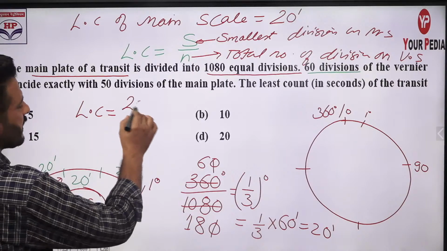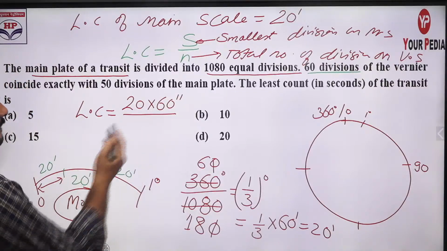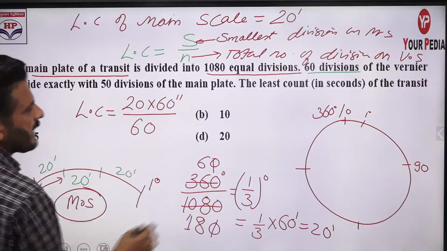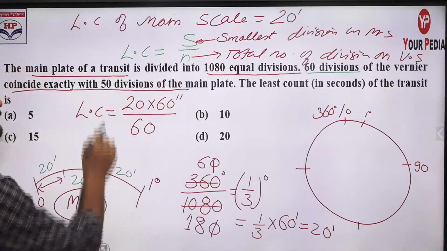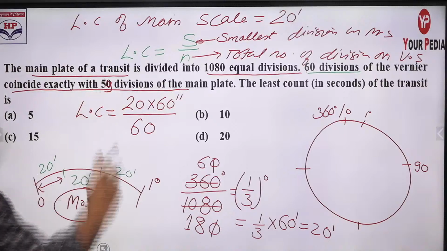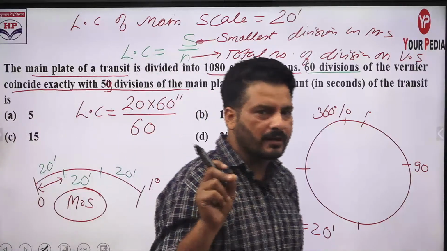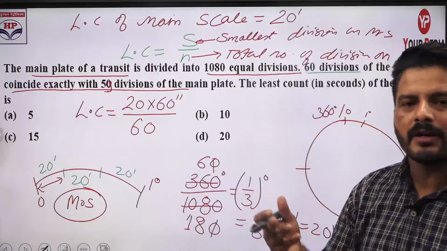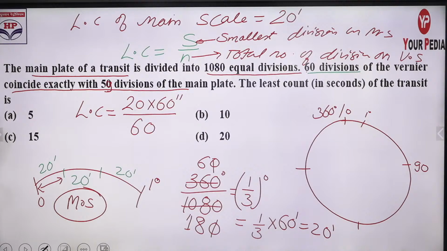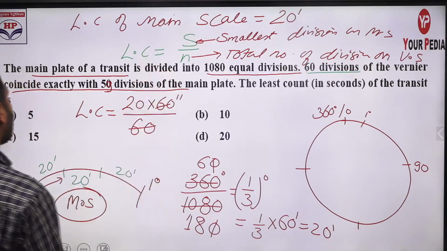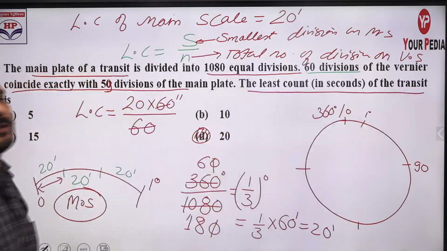It is 20 minutes, and you know very well 1 minute is 60 seconds. In 1 minute we have 60 seconds, divided by 60, because here N is 60. These 60 divisions of the vernier coincide exactly with 59 divisions. This is basically a printing error, guys. 59 divisions of the main plate, although this is kind of a direct vernier. We have direct vernier, we have retrograde vernier, we have extended vernier. We will see the details when we study surveying. So for the time being, the 60 will cancel out. Least count in seconds will be 20 seconds. Option D will be the answer.